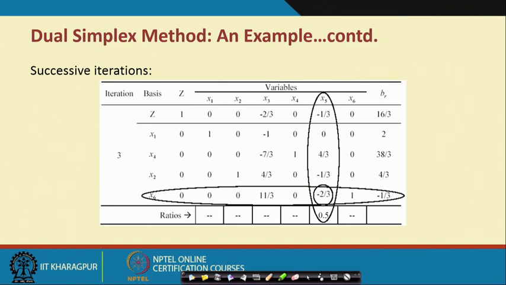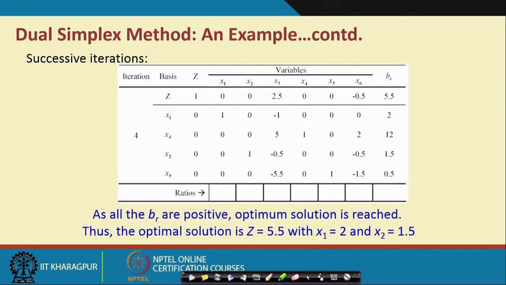Again complete the iterative process by putting the pivot element 1 and the remaining elements 0, and then move to the successive iterative process. And here after the third iteration we will find all the coefficients of b are coming positive. So that is the indication of dual simplex optimality.